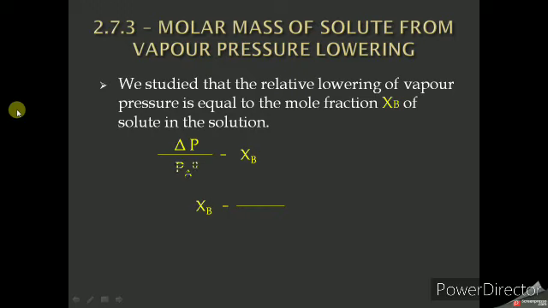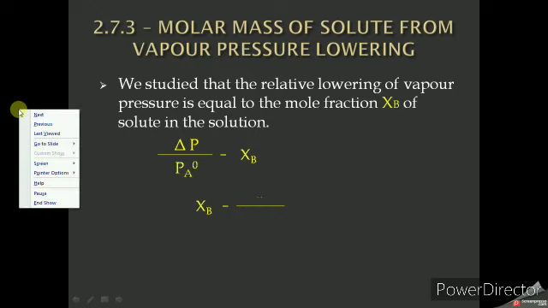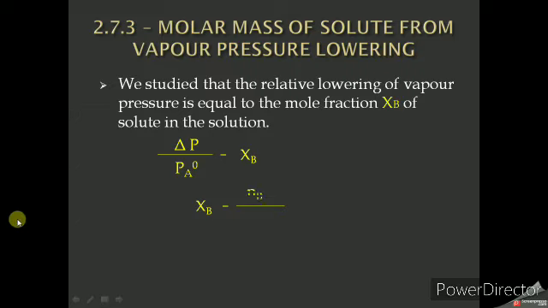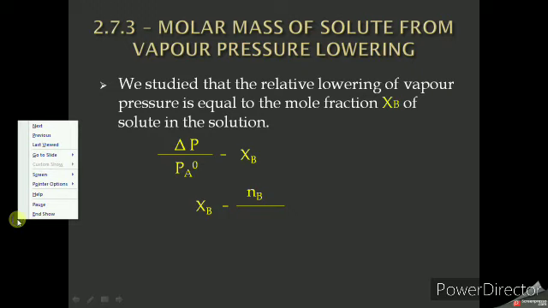We studied that the relative lowering of vapor pressure is equal to the mole fraction Xb of the solute in the solution. Delta P upon Pa0 is equal to Xb, and we can write Xb is equal to, so what is Xb?